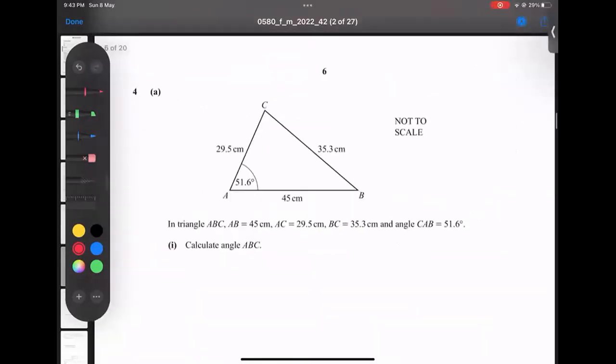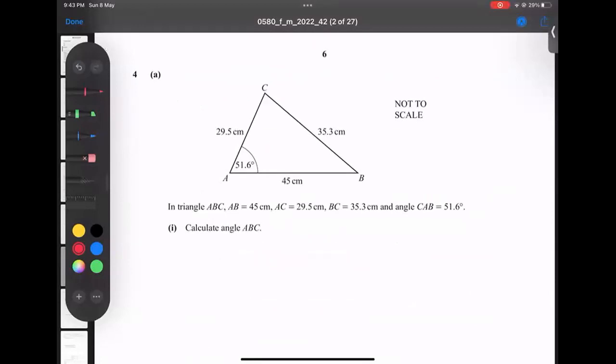And let's talk about question number 4. He's asking us to calculate angle ABC. And how do we get angle ABC? You can see that for angle ABC, the middle letter is B. So this is the angle of my concern. This is called the opposite side and the angle given; one pair is given.